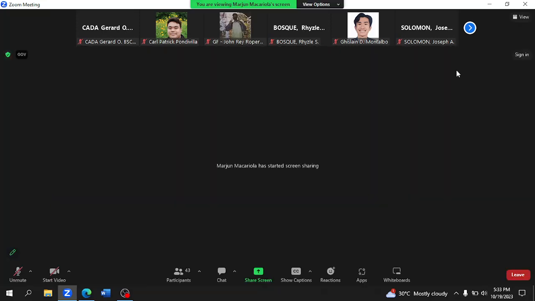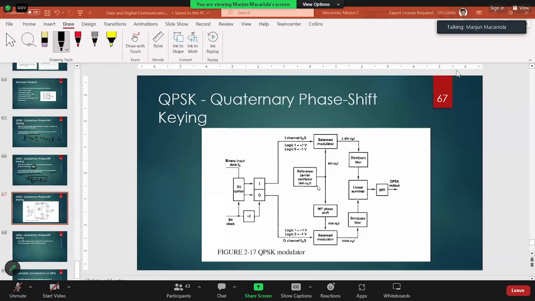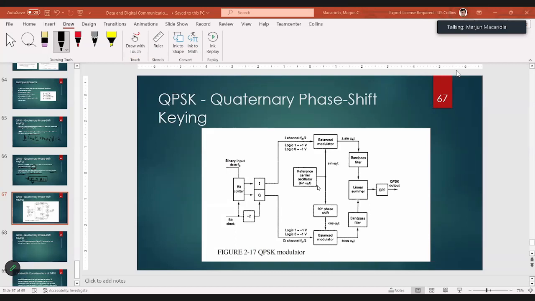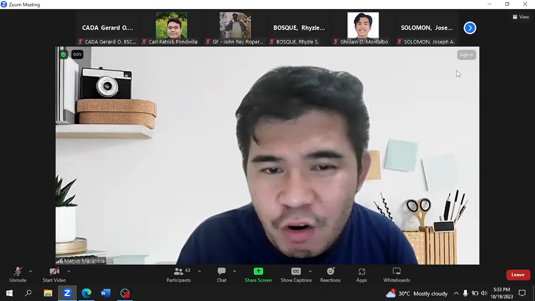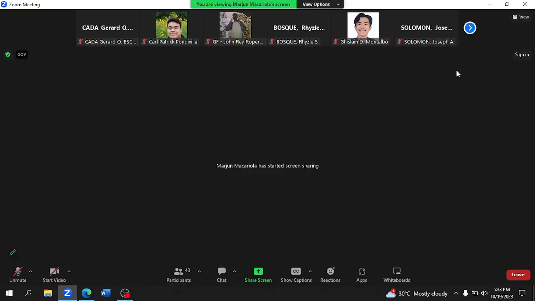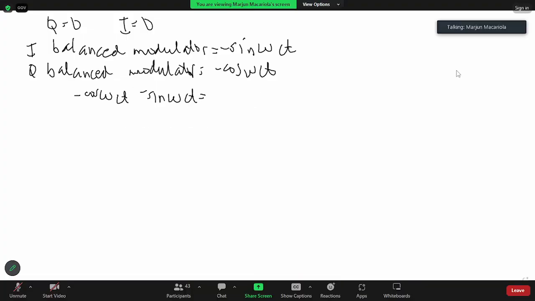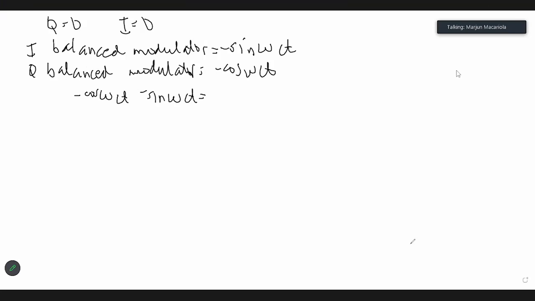So, we have the sine omega ct as the reference carrier oscillator. So, yung ating linear summer output, which is negative cosine omega ct minus sine omega ct, will have its sine value.